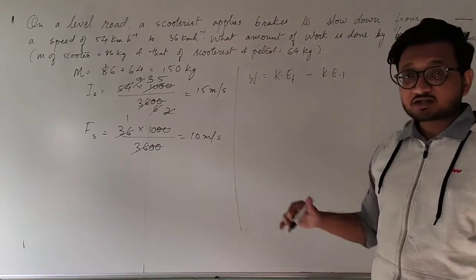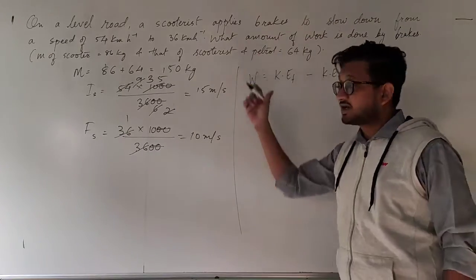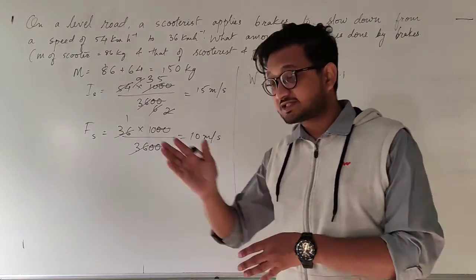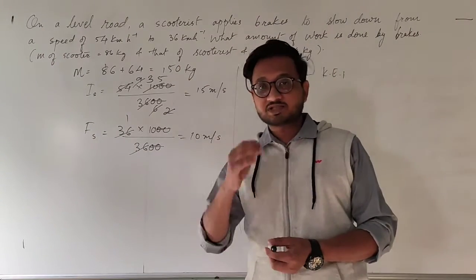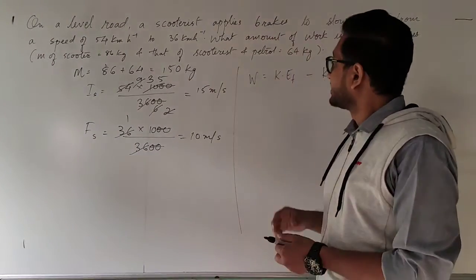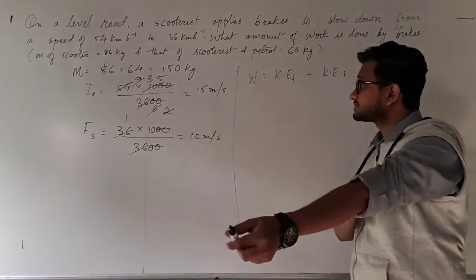So the work done you will get is negative. Whenever the brakes are applied, the vehicle is still moving forward, and the force acts in the opposite direction, and therefore the amount of work done will be negative. I hope it is clear, students.